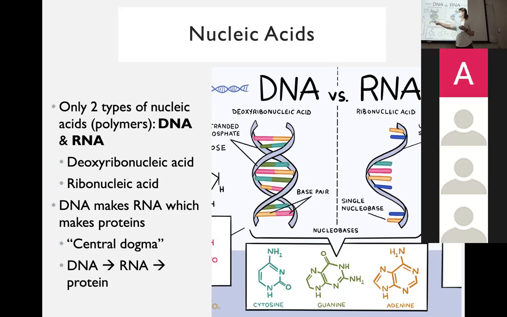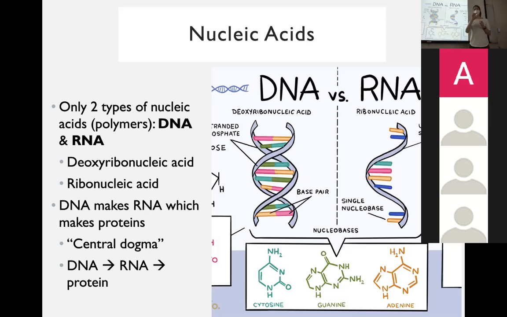So these nitrogenous bases are basically the code. That will make a strand of RNA. That RNA code will then be read to make a protein. So that's what I mean by DNA, arrow to RNA, arrow to protein. DNA makes RNA, RNA makes proteins.